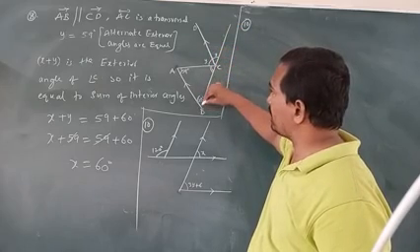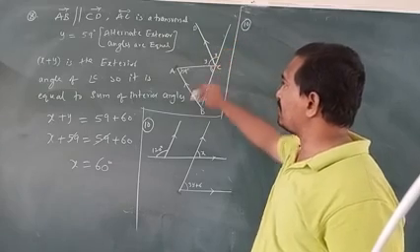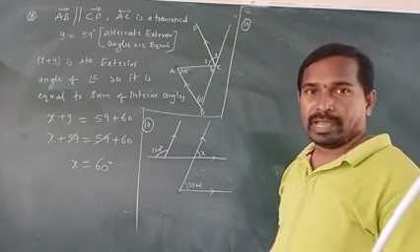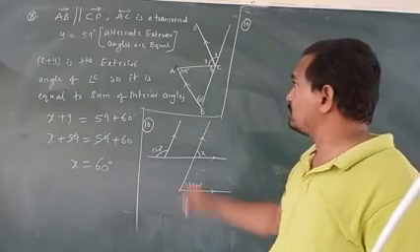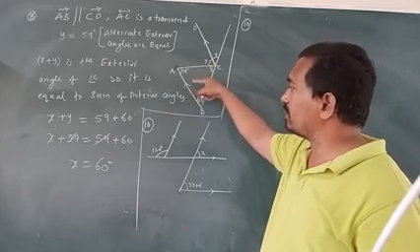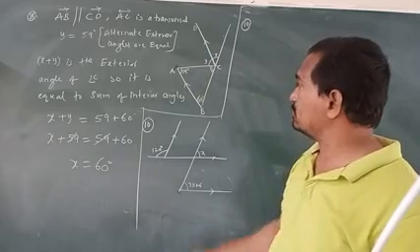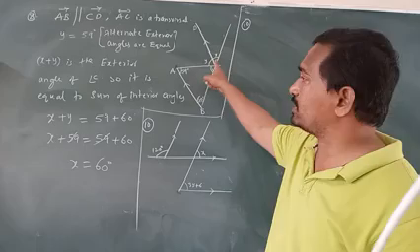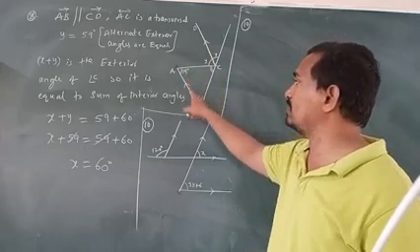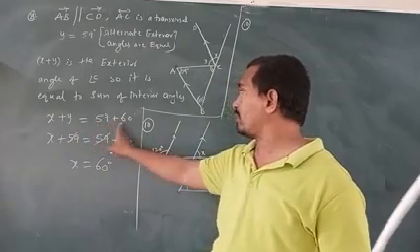If a side of a triangle is extended, then the angle is called the external angle of the triangle. The external angle is equal to the sum of the interior opposite angles. So x plus y is the exterior angle, equal to the sum of these two angles. x plus y equals 59 plus 60.